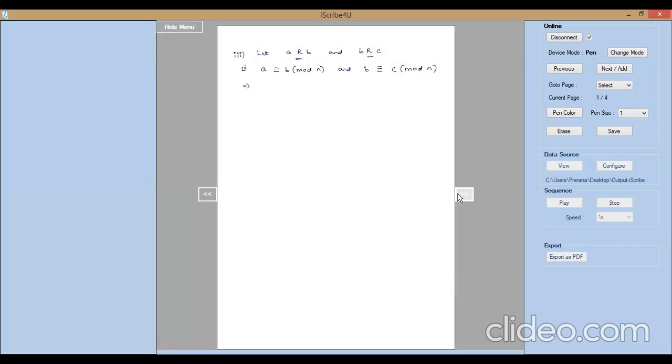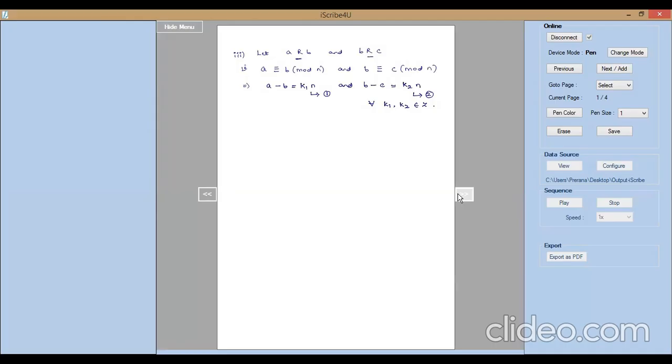So we can now write A minus B is equal to say K1 into n. For reference, I'll keep this as equation 1, and B minus C is equal to K2 into n. This is for all K1, K2 belonging to the set of integers Z.